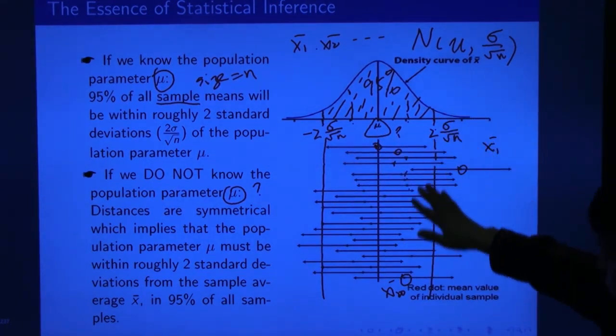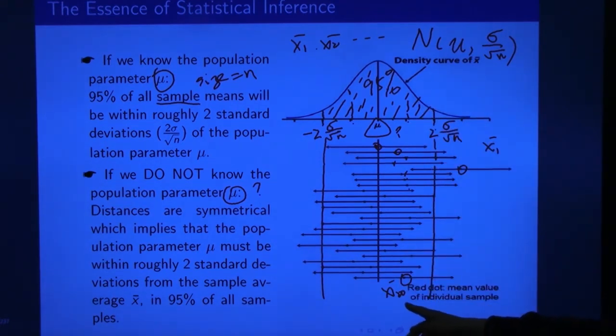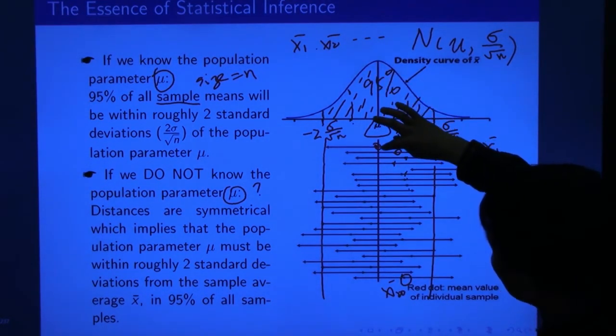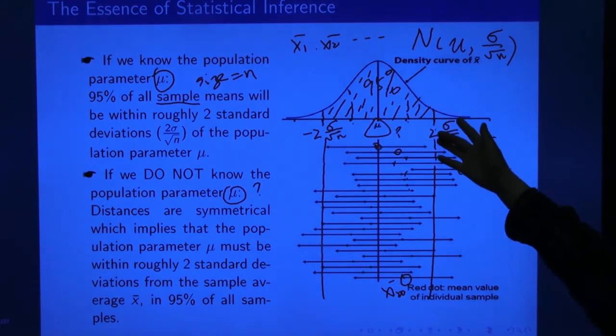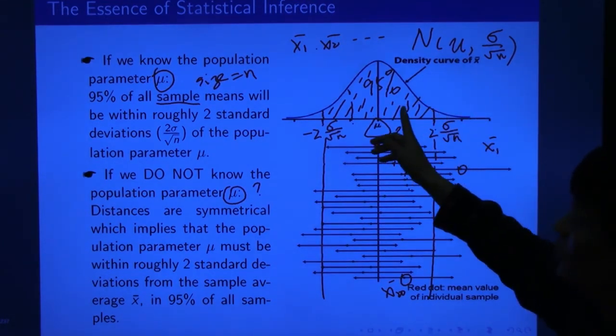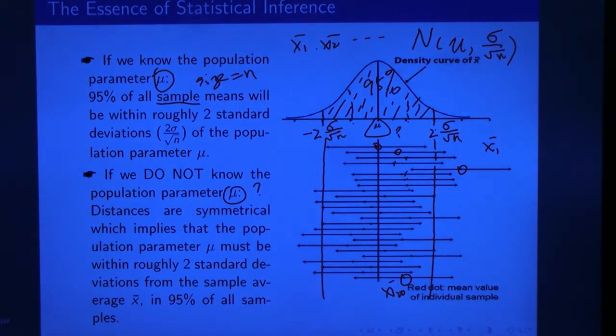If we do a lot, then 95% of these sample means will be within mu plus minus 2 standard deviations. Because the distance is symmetrical, the distance from me to you is the same as the distance from you to me. The distance from this mu to this x1 bar is the same as the distance from x1 bar to mu.